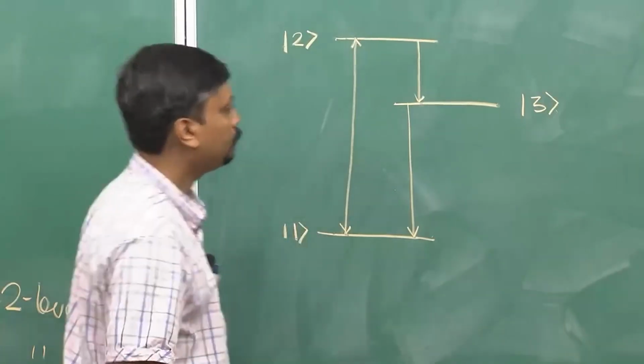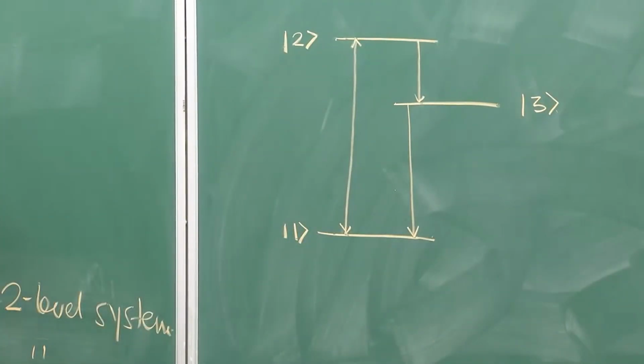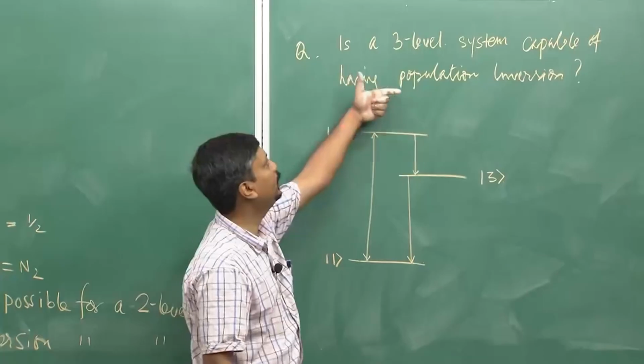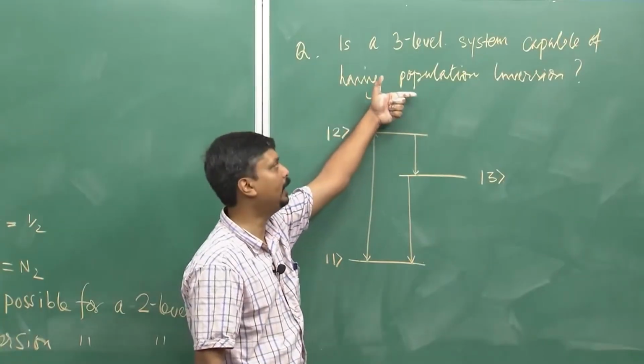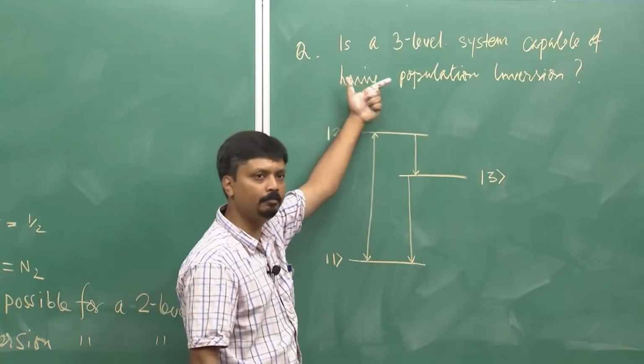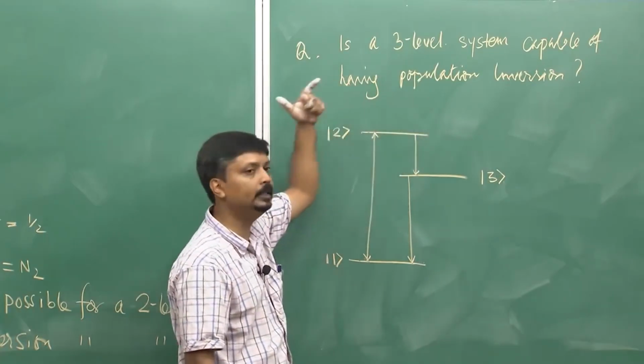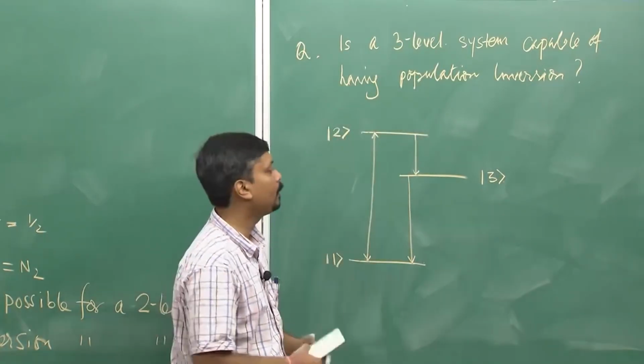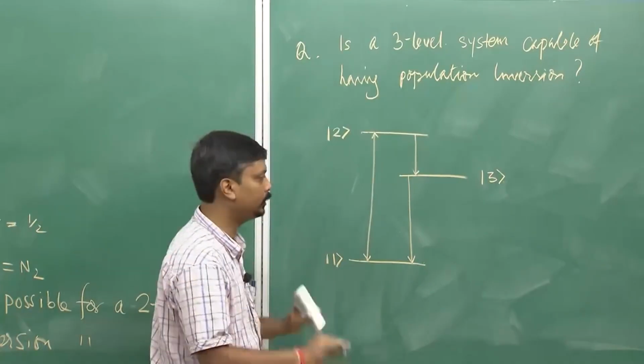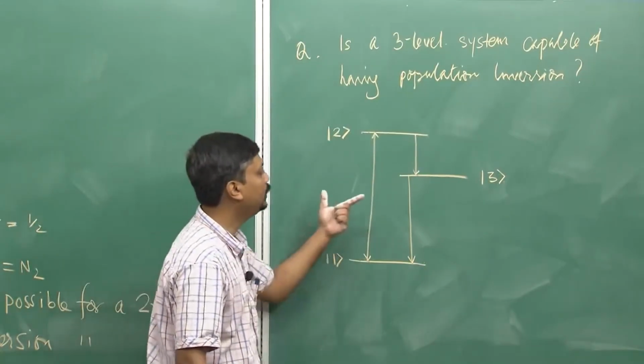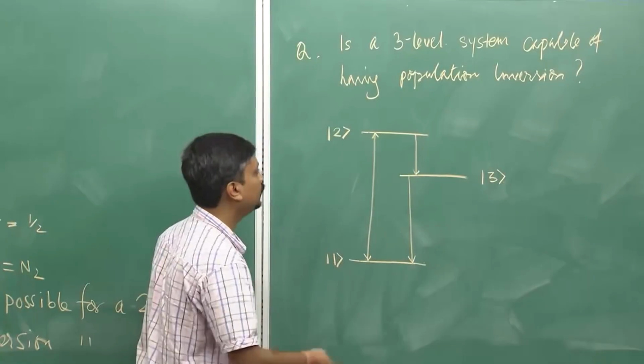Let me answer first whether this 3-level system can act as a laser, can it give population inversion? The answer is yes, it can under certain conditions. What are those conditions?